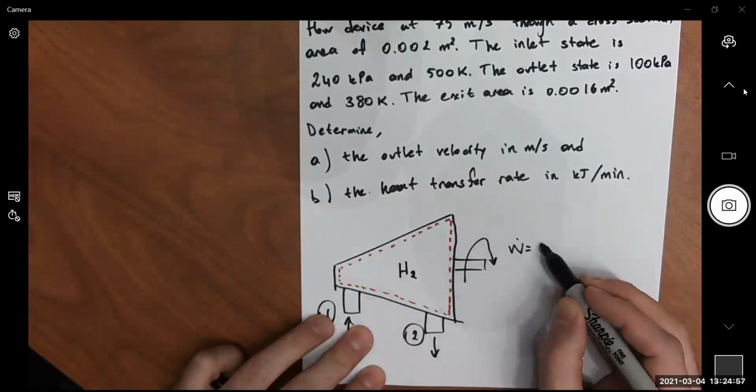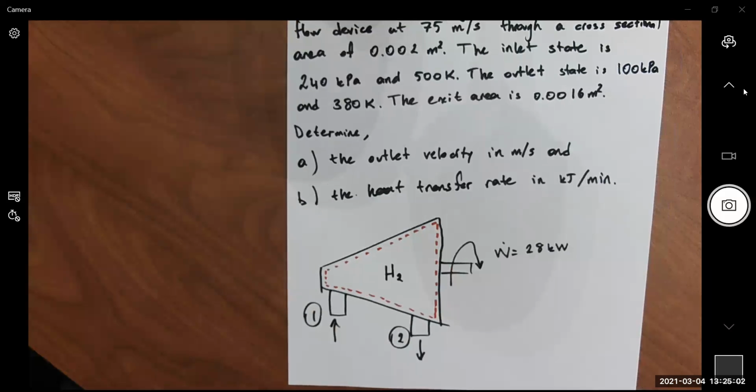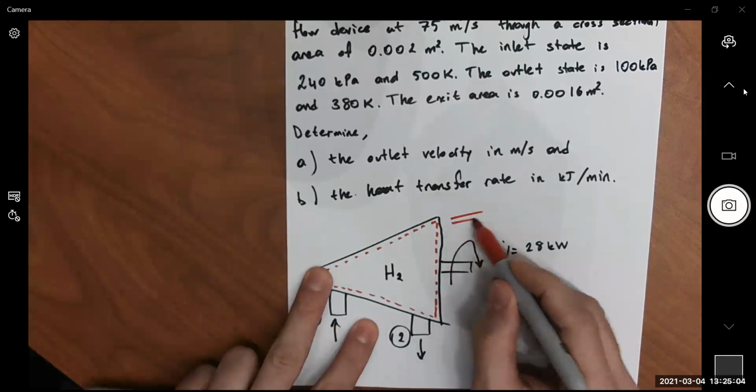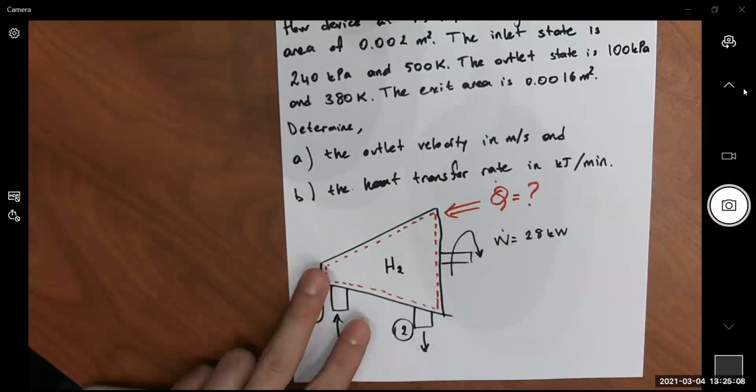And the work is 28 kilowatts. And we also have heat coming in, so we are asked to find that.